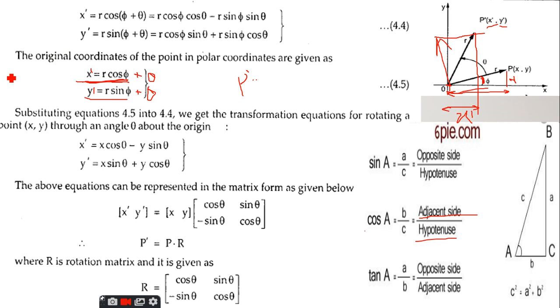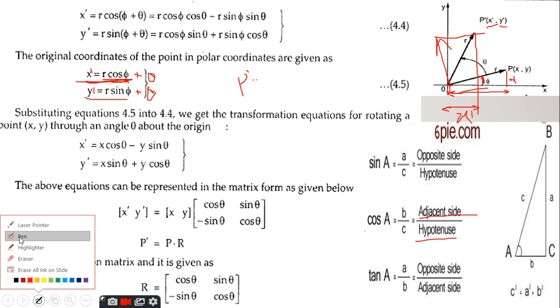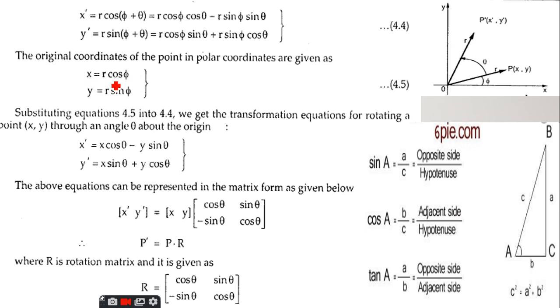Now we have to find x dash and y dash. In this equation, r cos(phi plus theta) is equal to r cos phi cos theta minus r sin phi sin theta, as we earlier discussed for cos(A plus B). Here r cos phi is nothing but x, and r sin phi is equal to y.